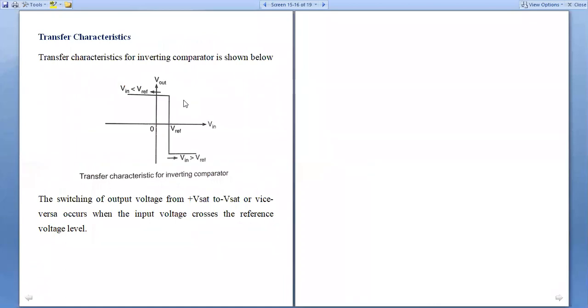We said transfer characteristics is nothing but the analysis or description of saturation voltages, positive saturation voltages or negative saturation voltages.